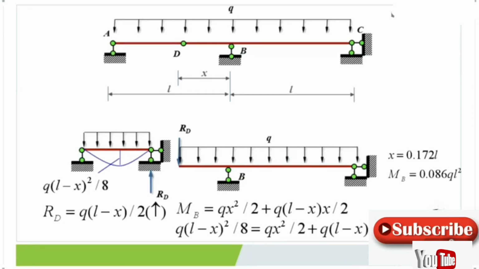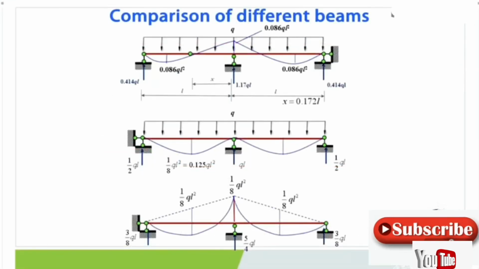That means when X is equal to 0.172 L, we could guarantee the maximum positive bending moment equals the absolute value of the negative bending moment. At this condition, we could draw the bending moment diagram. Here, the maximum value of M is equal to 0.086 QL squared.